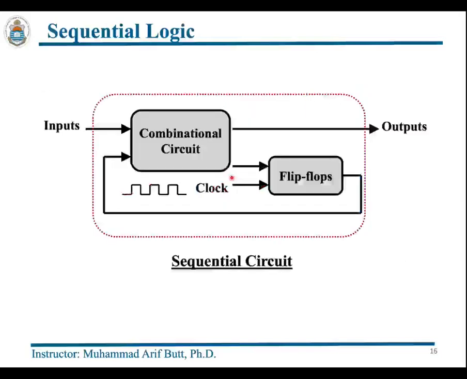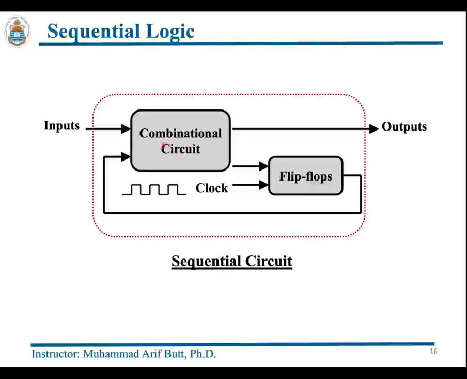Well, this is the block diagram of a sequential circuit. Observe this red dotted line, and we have a set of inputs coming in and a set of outputs going out. Inside this block, we have two further blocks: a block of combinational circuit and a block showing flip-flops.